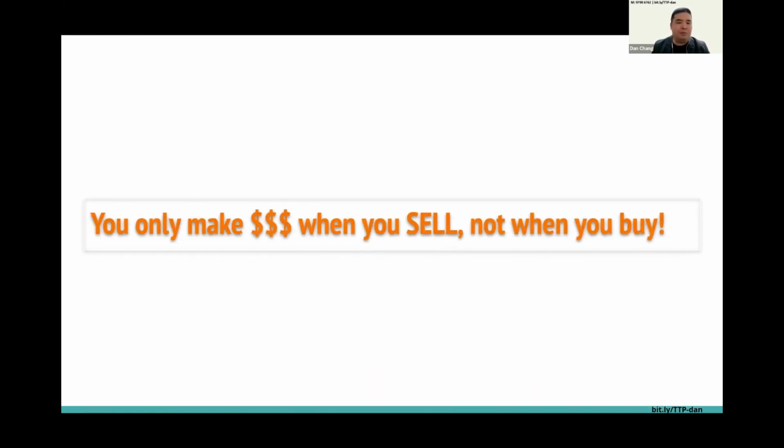Third one is the most important thing. You only make money when you sell, not when you buy. Throughout my 20 years in the industry, a lot of investors often overlook this point. They keep wanting to get into a very good entry point, but they never get out when there's a profit.